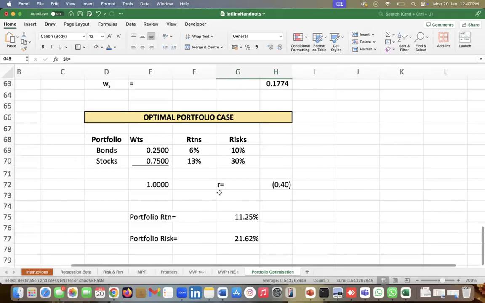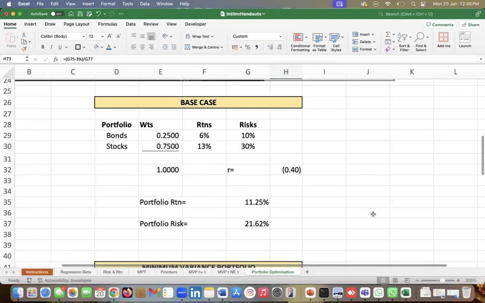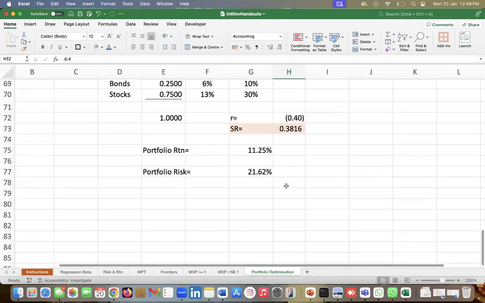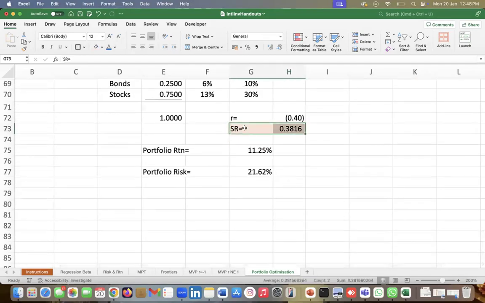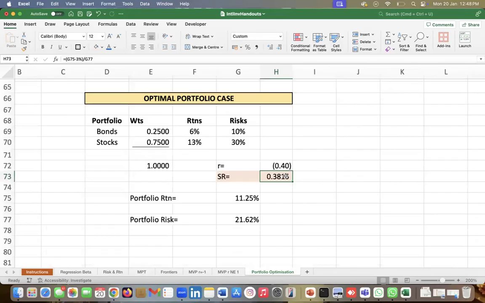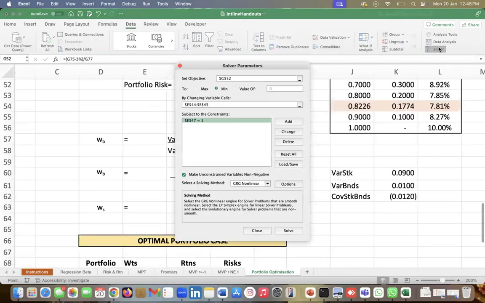So for the optimal case also, Rp minus 3% by sigma P. Now, if I need to maximize this, I just go to my solver first.